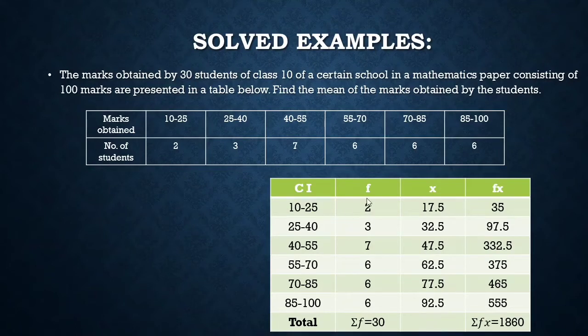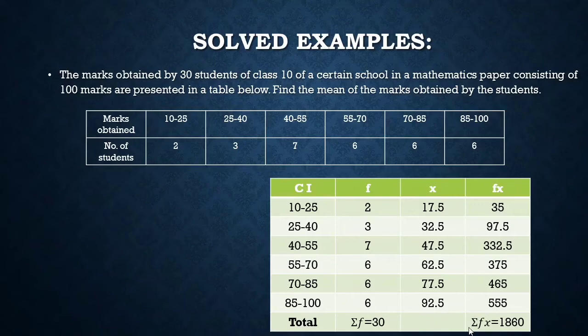Now multiply f and x to get fx. So 2 into 17.5 is 35, 3 into 32.5 is 97.5, 7 into 47.5 is 332.5, 6 into 62.5 is 375, and so on up to 92.5 into 6, we get 555.